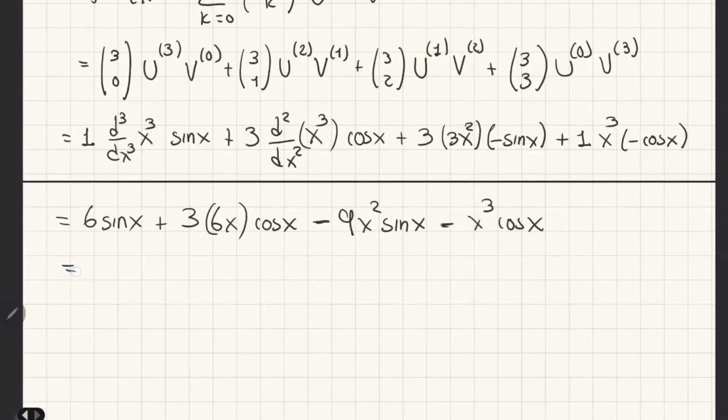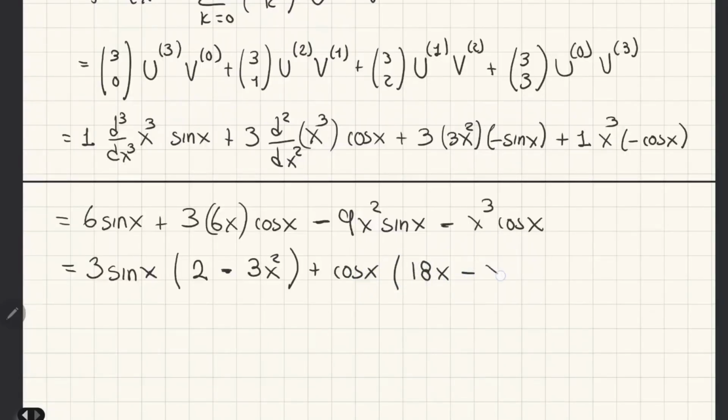So we can factor, let's take this 3 sine x out, that multiplies 2 minus 3x squared, and then plus cosine of x times 18x minus x cubed. Okay, perfect.